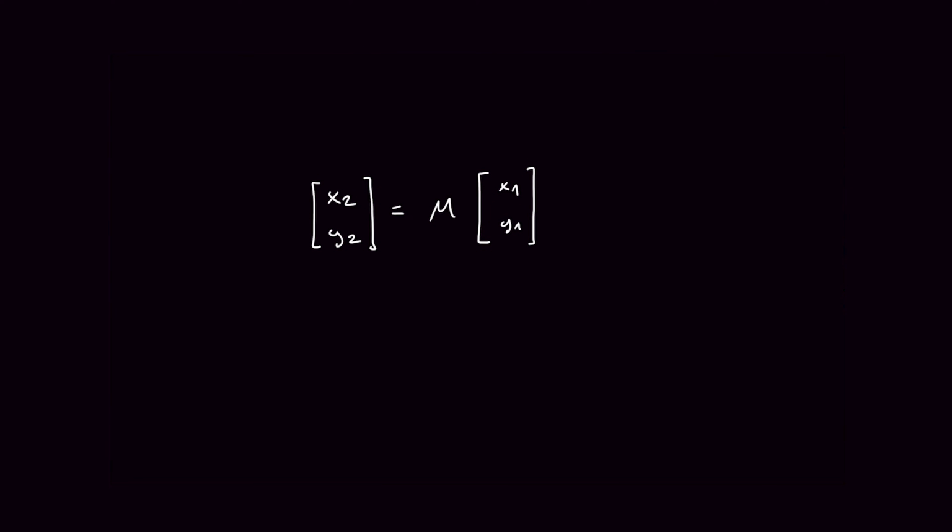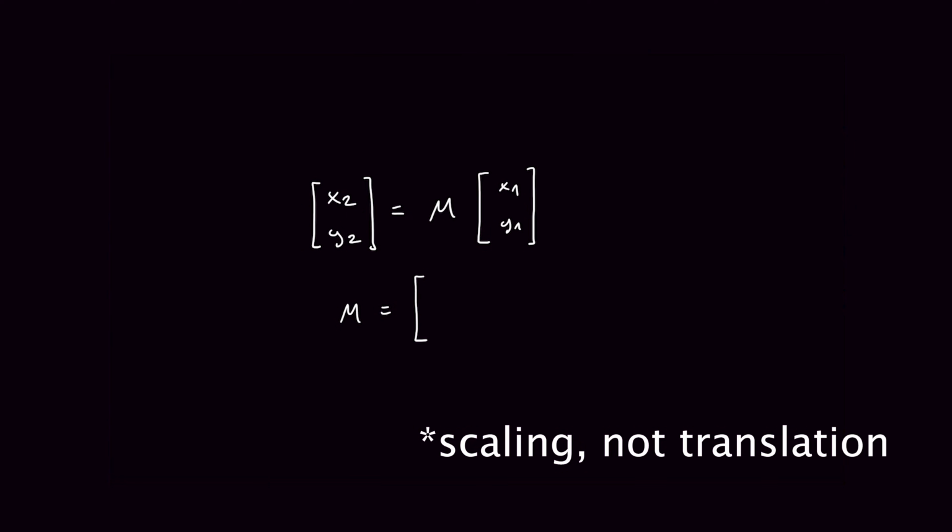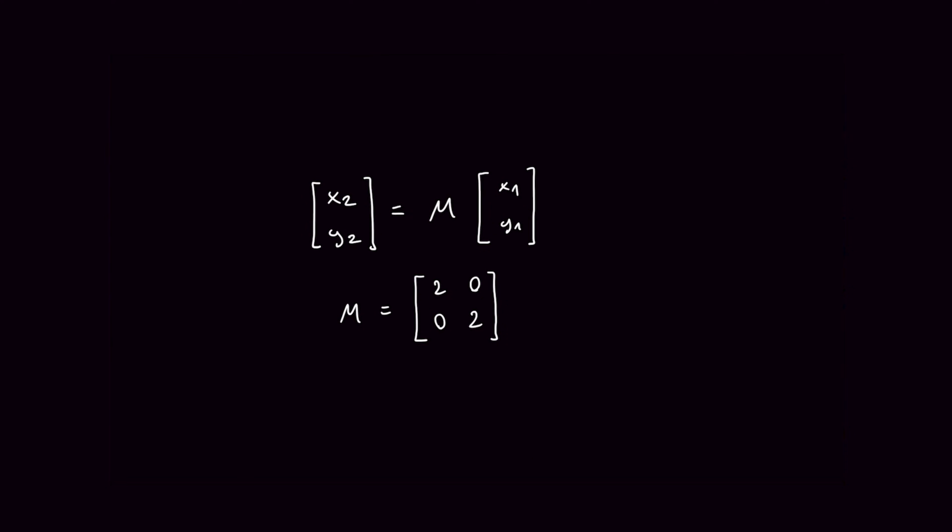The columns x2, y2 and x1, y1 are called vectors, and M is a matrix. In case of scaling by 2, our matrix looks like this.